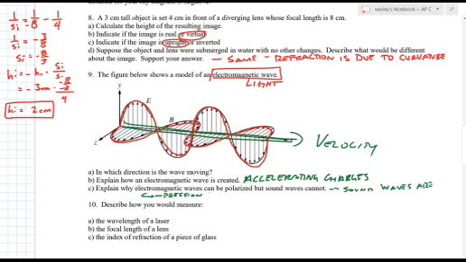Sound waves are compression waves. Electromagnetic waves have ups and downs and side to sides. We can filter that out.